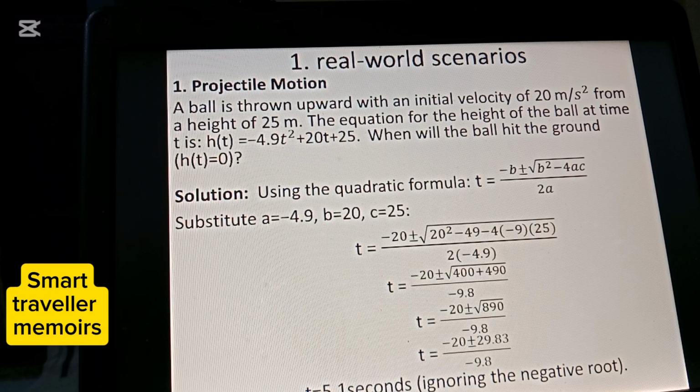When will the ball hit the ground? That is, when will h be equal to 0? Since it is a quadratic equation, we use the formula and we find that t is 5.1 seconds, ignoring the negative solution, because time cannot be negative.